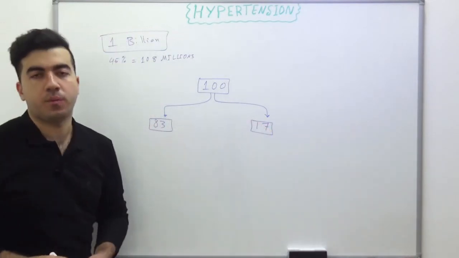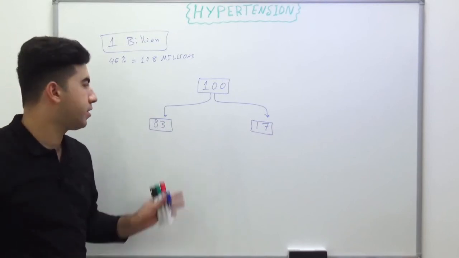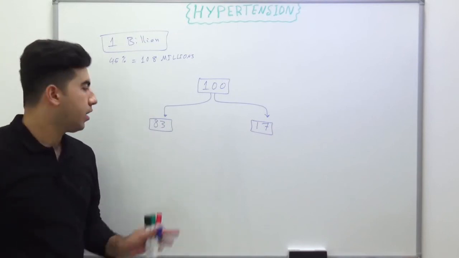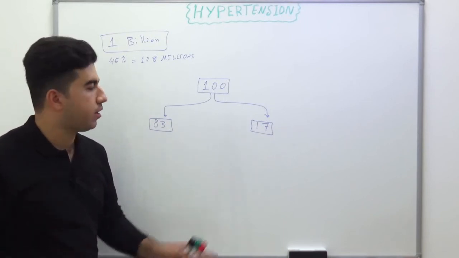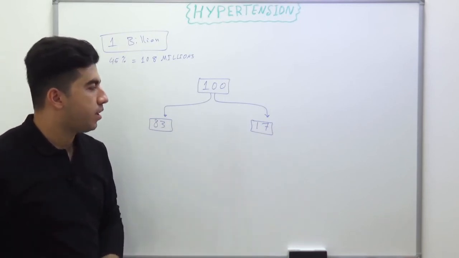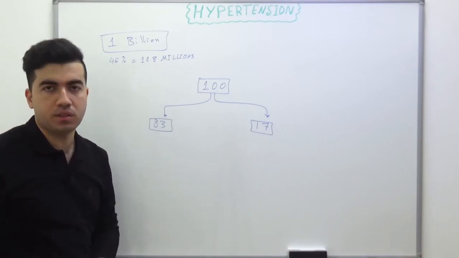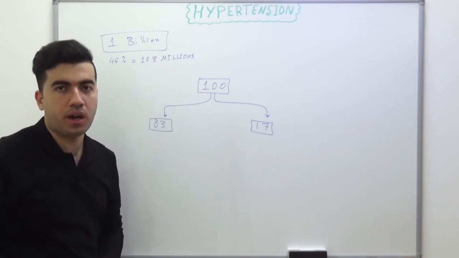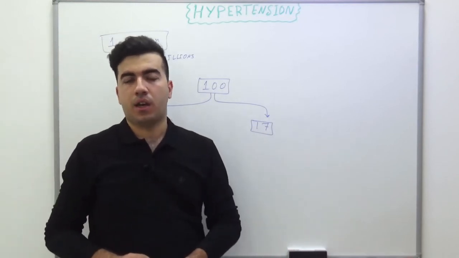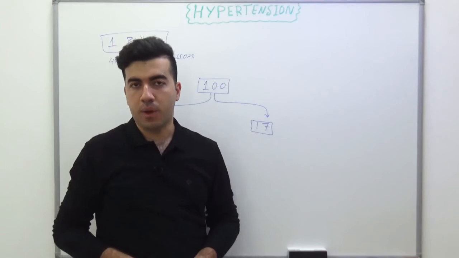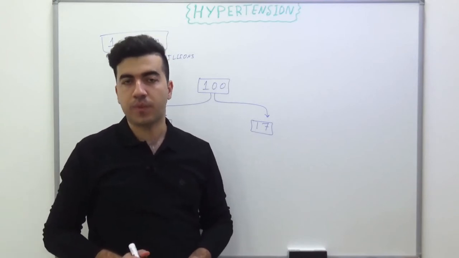If you have 100 hypertensive patients, for example, this data is from the USA, 83 of them are diagnosed and know that they have hypertension, while the remaining 17% have hypertension but are unaware of it. Because hypertension is a silent disease, it's asymptomatic in the early stages.